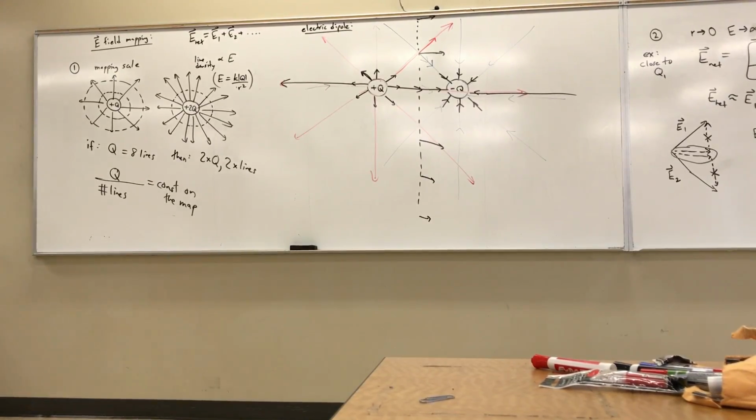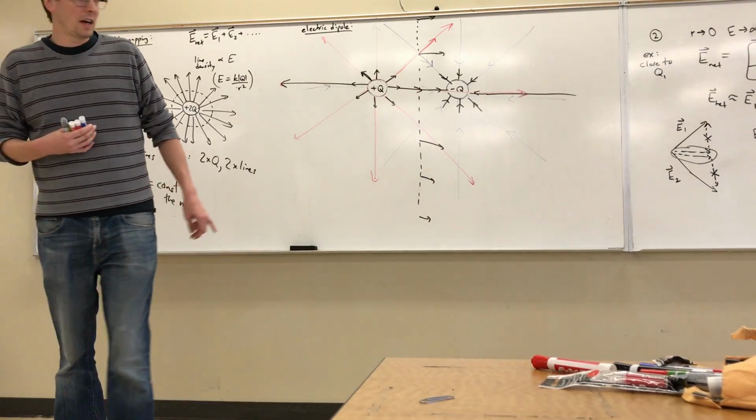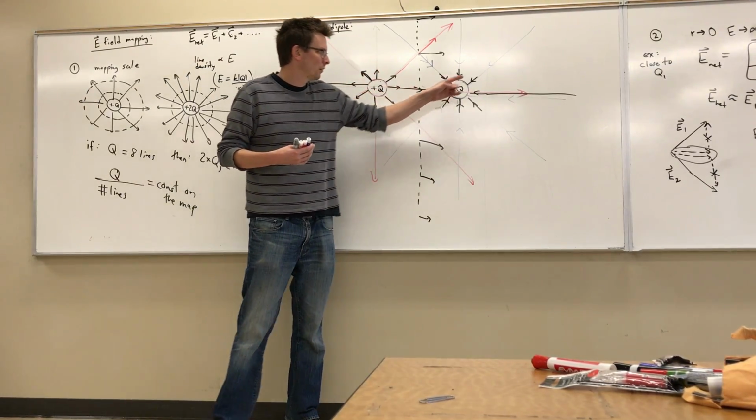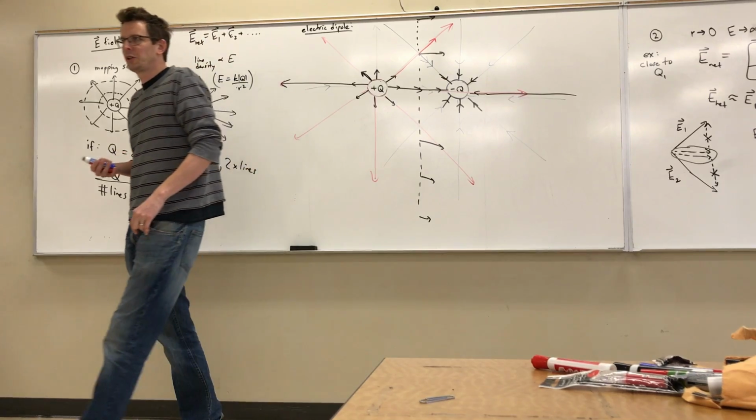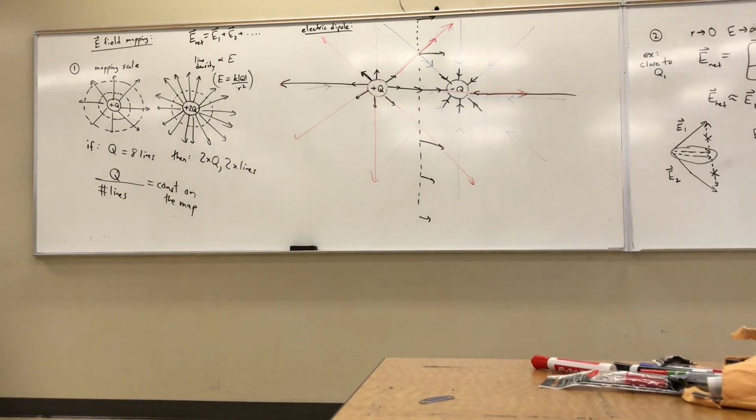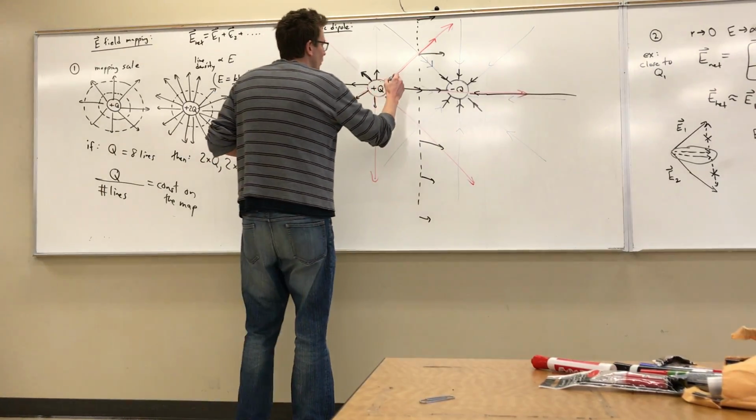So what I realize, of course, is that if the electric field has to go from radially like this, very near the charges, to all having to point horizontally by the time they cross through the perpendicular bisector, there's really only one way to connect this. So let me try it.